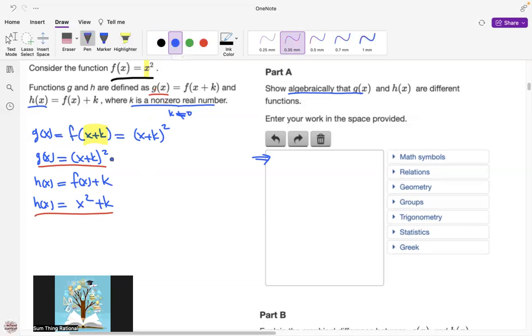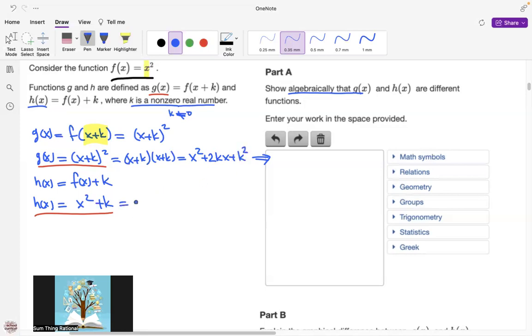You can continue further and expand this. x plus k whole squared means x plus k times x plus k. This type of multiplication you have been doing already, but I want to make it a little bit of a shortcut: first term squared, plus double the first term times the second term, plus the second term squared.